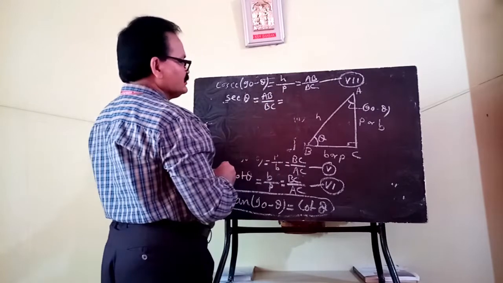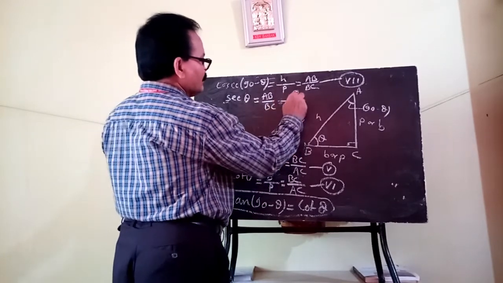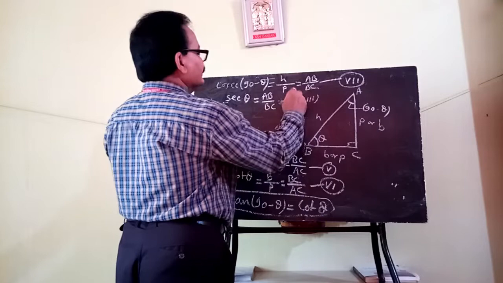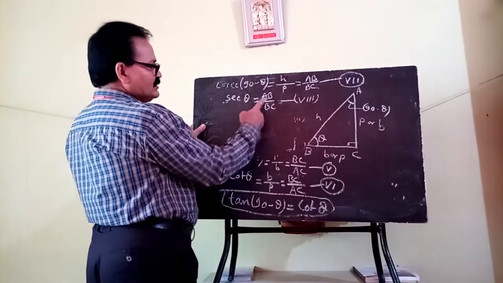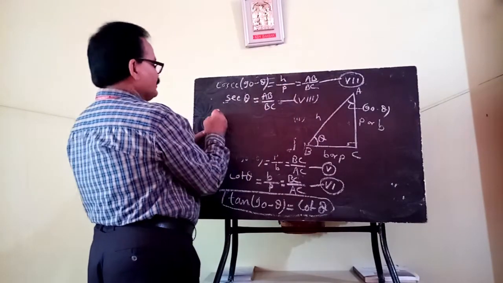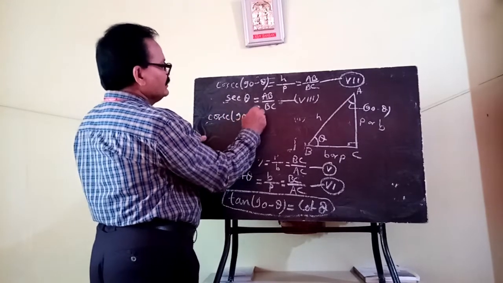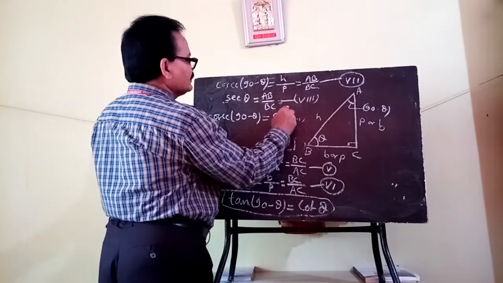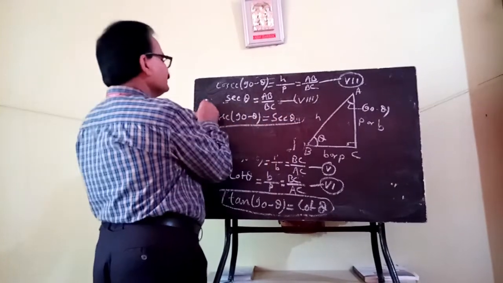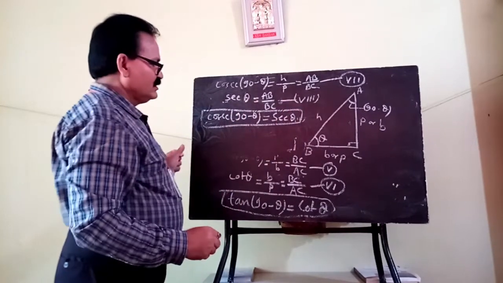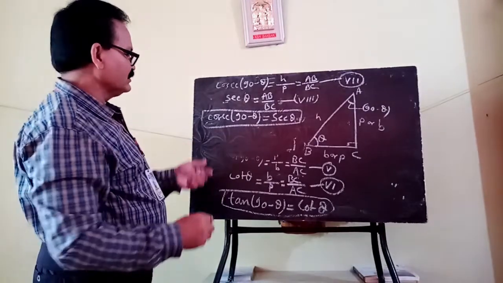So in that case, what will happen? If we compare this 7 and 8, this is also AB by BC, this is also AB by BC. So cosec 90 minus theta can be written as your sec theta. Okay. So this is another relation.